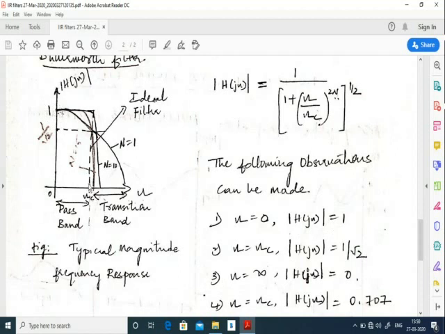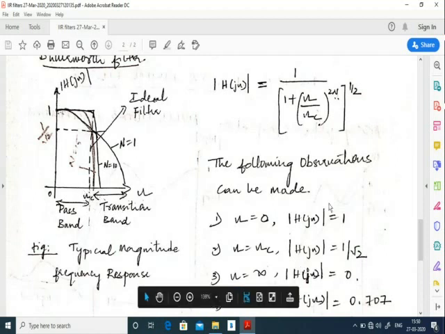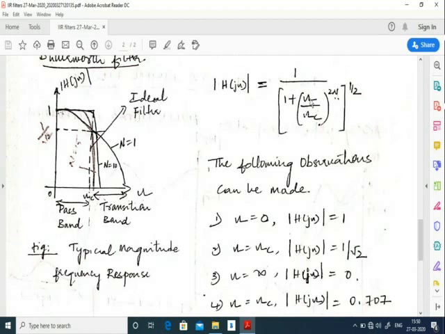The second case is when omega is equal to omega c, where omega c is the cutoff frequency. Let us substitute omega equal to omega c in this equation. The omega c will cancel out with this, and as a result you will get 1 by 1, which is 1, whole power 2n. Anything, 1 power anything, is always equal to 1.